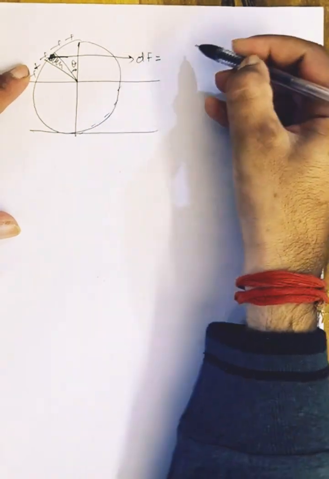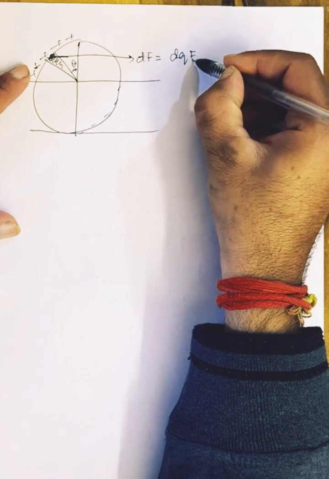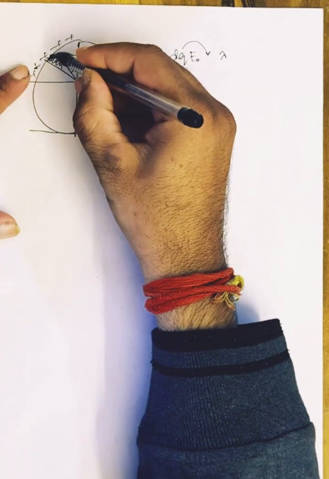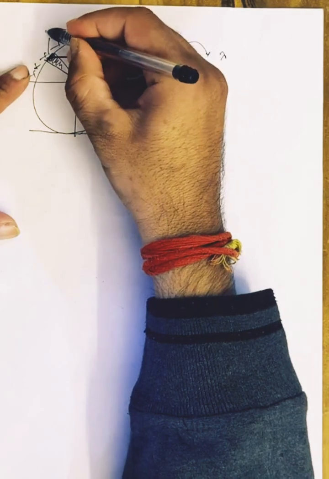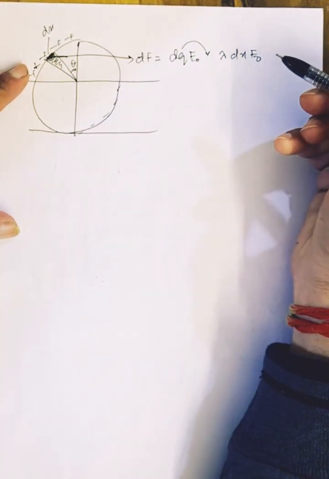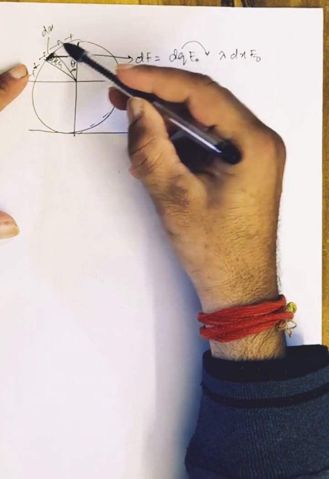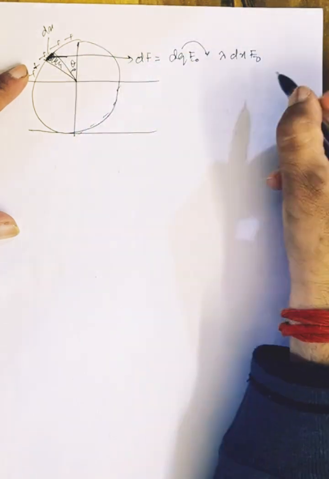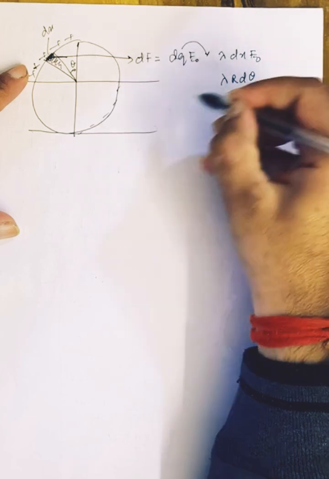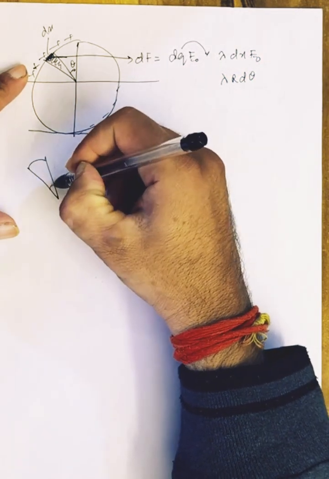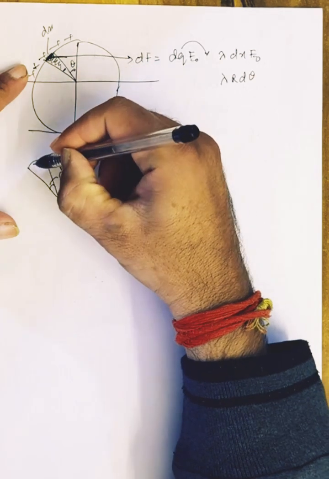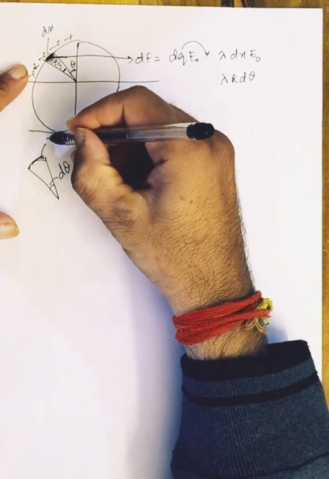df, which can be written as dq into E naught, and dq can be written as lambda. If I take this portion as dx, lambda dx into E naught. Now dx can easily be written as r d theta. See, this is the small angle d theta subtended by a small element dx.